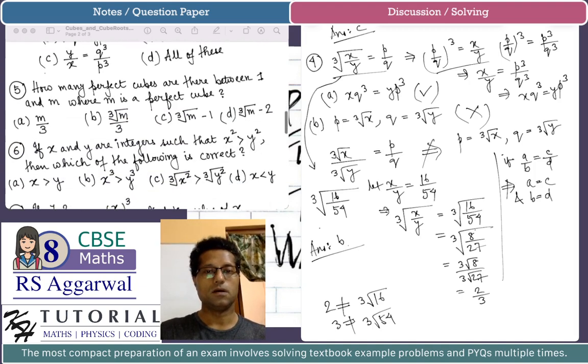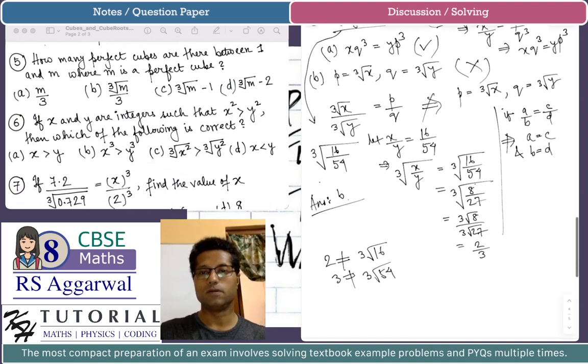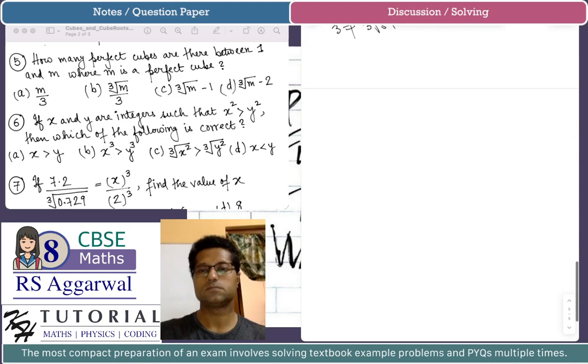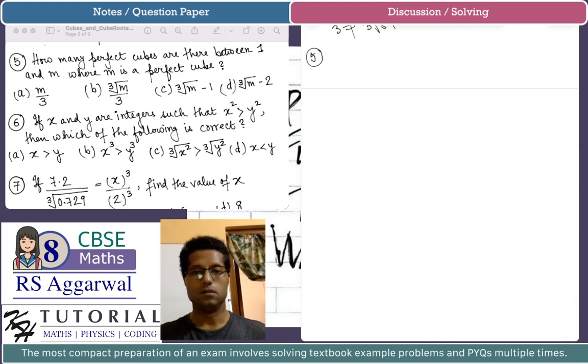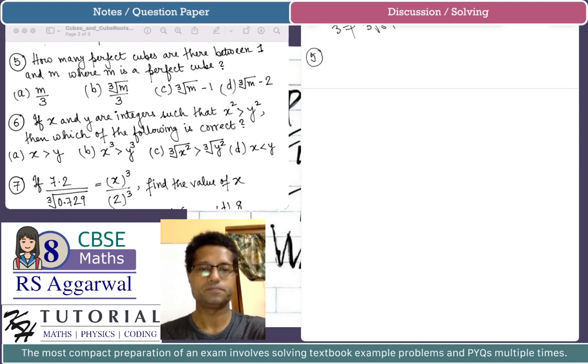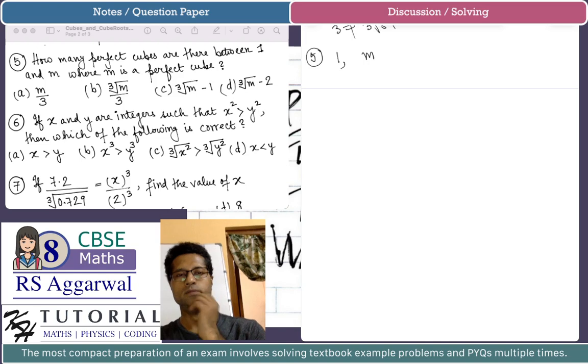Okay, let's do problem number 5. Problem number 5 says, how many perfect cubes are there between 1 and m, where m is a perfect cube? So between 1 and m, how many cubes are there?